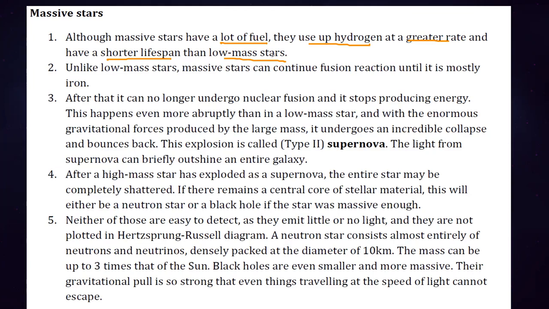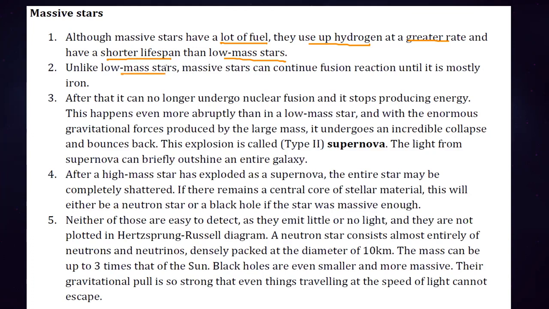A low mass star has a relatively low temperature, so the fusion happens at a slower rate. But for a high mass star, the core temperature is so high that more energy is released per second, as there are more fusions every second.